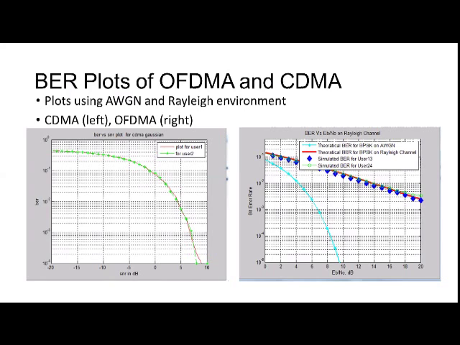But as you can see, for both the Gaussian channels, OFDMA does provide a better bit error rate over signal to noise ratio. And of course, if you look at the Rayleigh channel, it's a little worse because it takes into account all the different aspects of multipath. The AWGN channel is just a basic noise channel used to model the two. But as you can see with the AWGN channel between CDMA and OFDMA, OFDMA does perform better in terms of bit error rate versus signal to noise ratio.